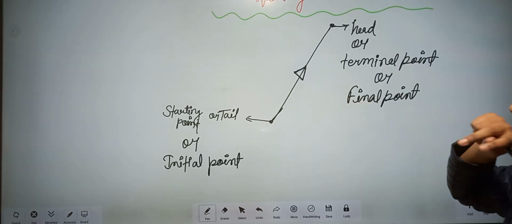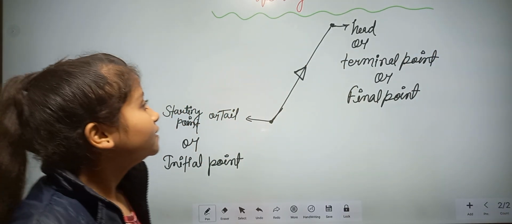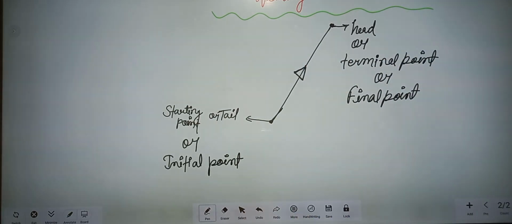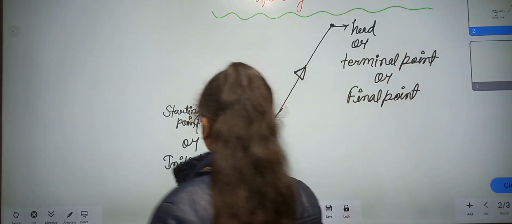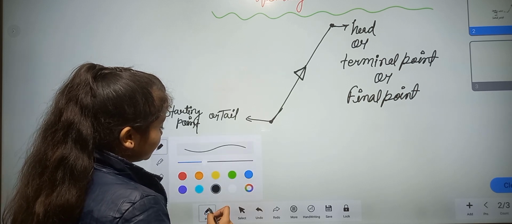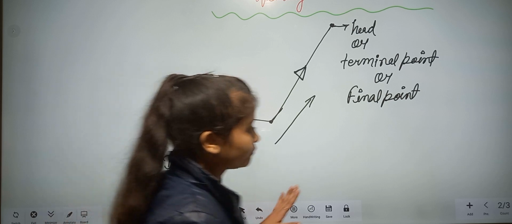I hope you understand this geometrical representation of a vector quantity. Next we read about how we denote vector quantities. Here the direction shows that the line is going tail to head in an upward direction.